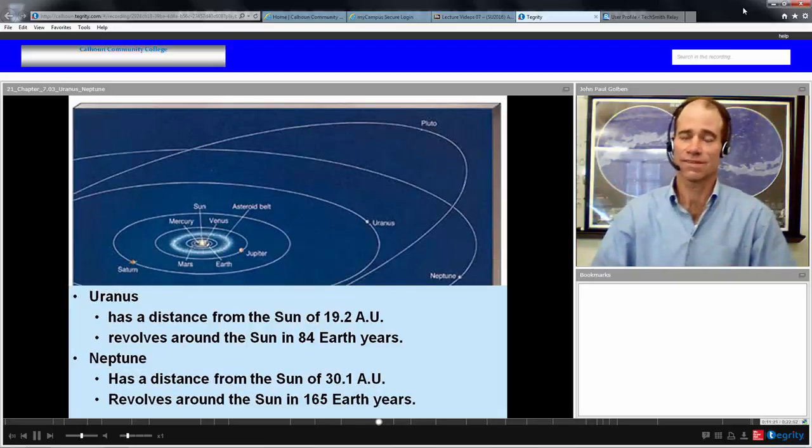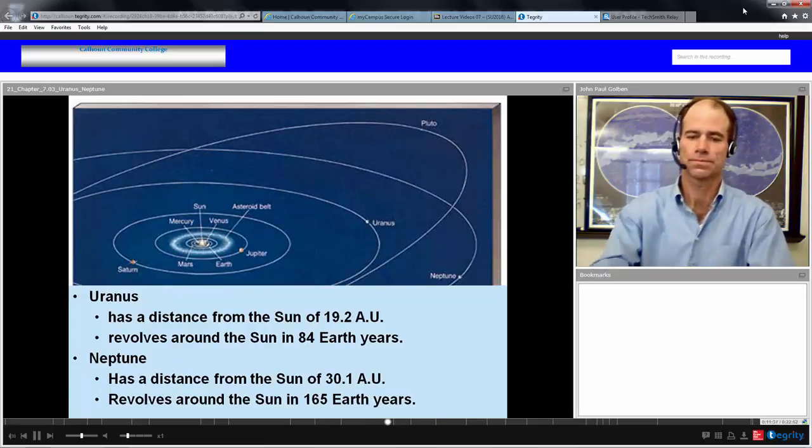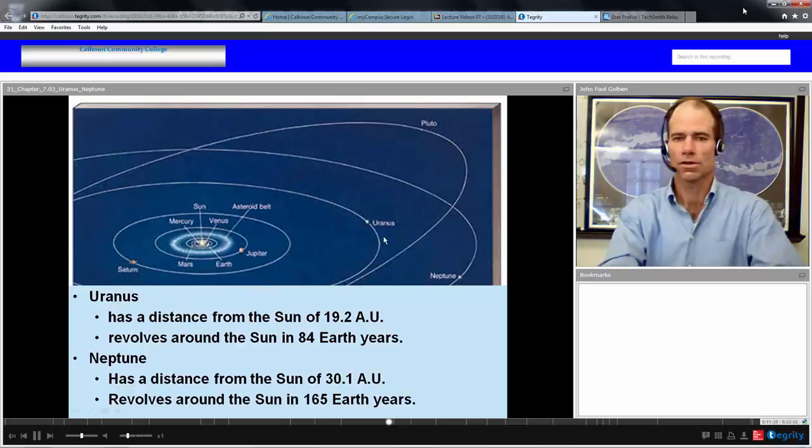So definitely, if you see Neptune in the sky 1 year, you probably can wait for that same month within a couple of days and see Neptune in that same sky. It's not going to move much from year to year. Uranus will take a lifetime to go around the Sun. Neptune will take 2 lifetimes.